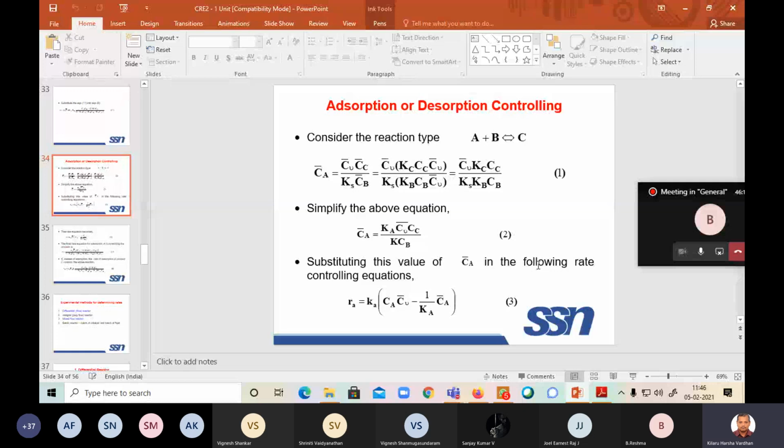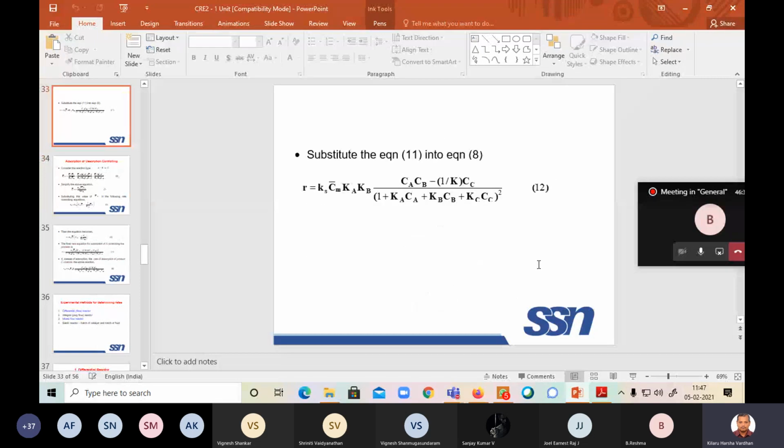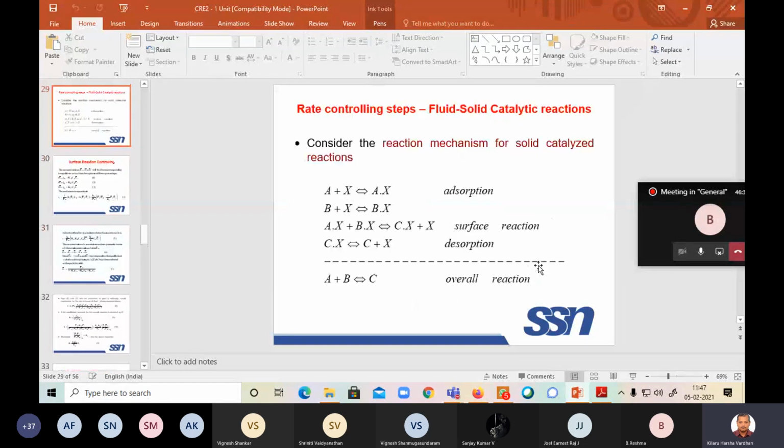I know you'll have a number of doubts because I introduced you to too many equations. Once you know how to write, you are writing in terms of unknowns. You have to eliminate those unknowns in terms of the knowns, right? So if you are writing a big overall reaction as a sum of individual reactions, you will get some unknown intermediates.